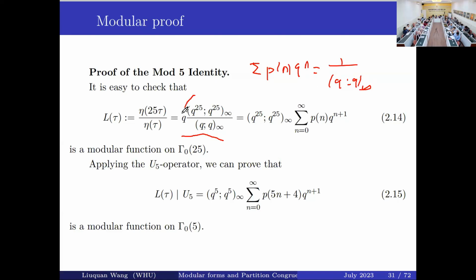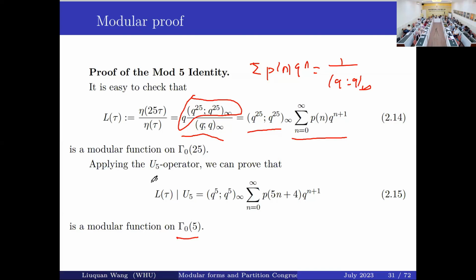So you pull this out here, and then 1 over (q;q) infinity equals the generating function of p(n). So this becomes this series. And we can prove that L(tau) is a modular function on Gamma_0(25). Then after applying the U_5 operator, we can prove that L(tau) acted on by U_5 is a modular function on Gamma_0(5).